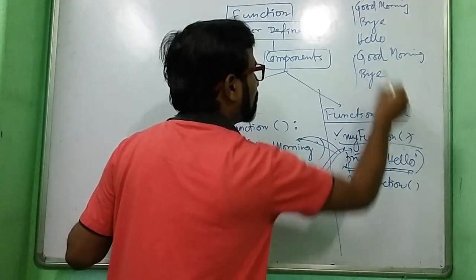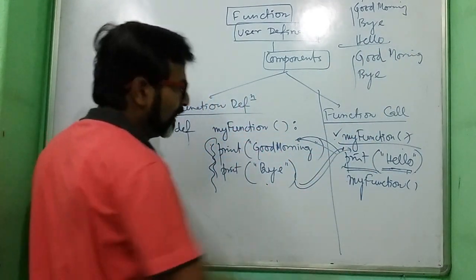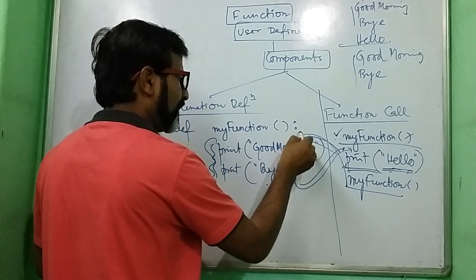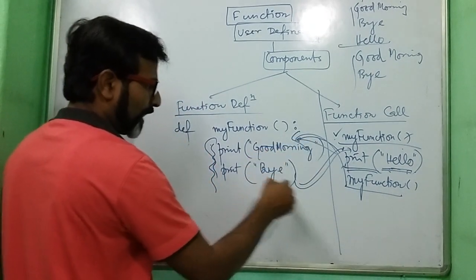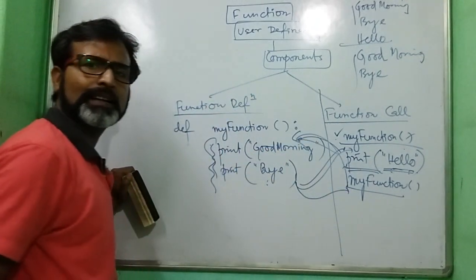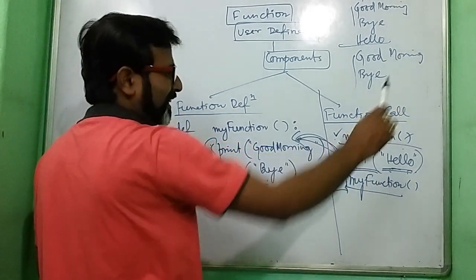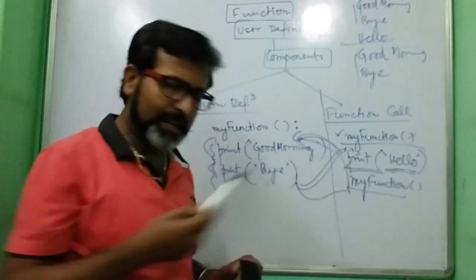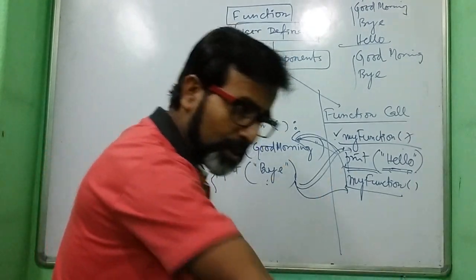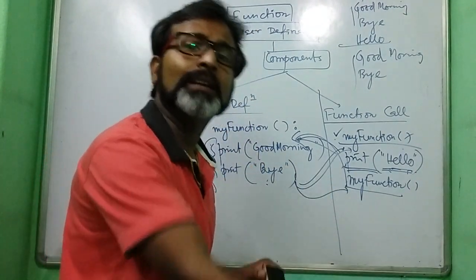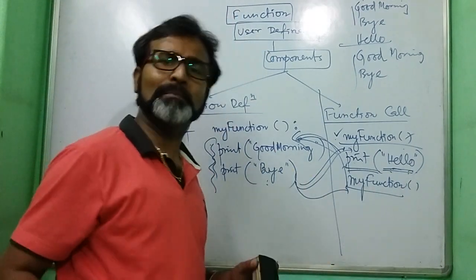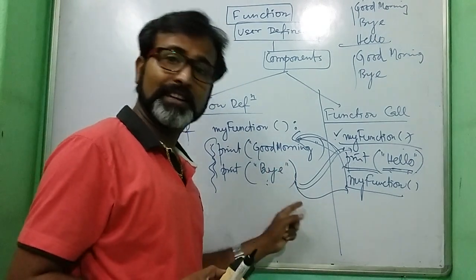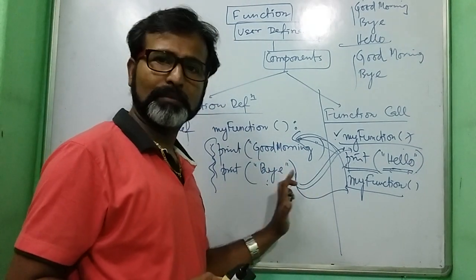Again print hello, that means hello is executed. After hello, again I called my function. That means from here again it came, displayed these 2 lines and it returns back. So this is basically what happens: I will call, it will go, it will execute and again it will come back. When it comes back, that means it is returning back. That is the reason why I told that the return statement I will explain later on, but at this moment I am not telling.